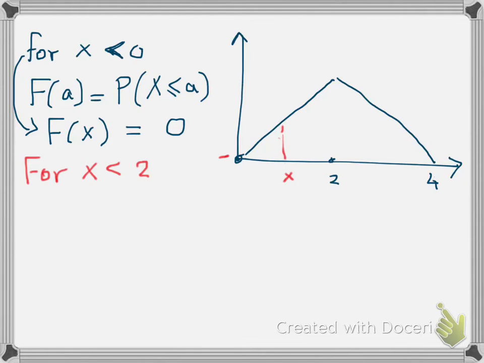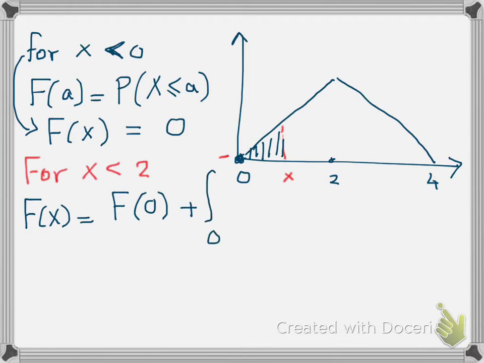The cumulative for x less than 2 will be F of x, which is equal to F of the previous x, which is 0, plus the integration from 0 up to the value of x.